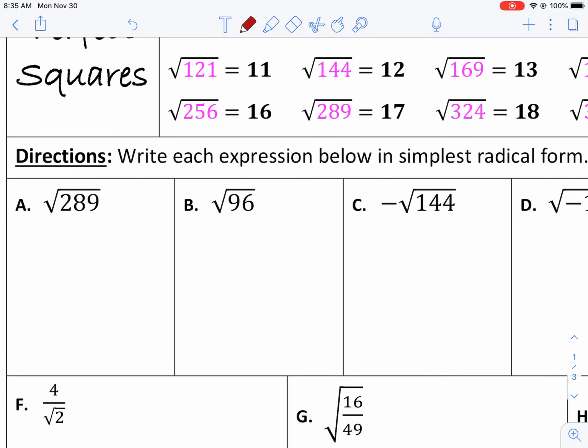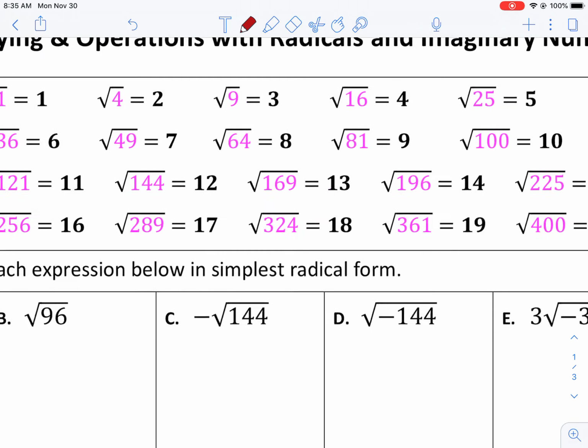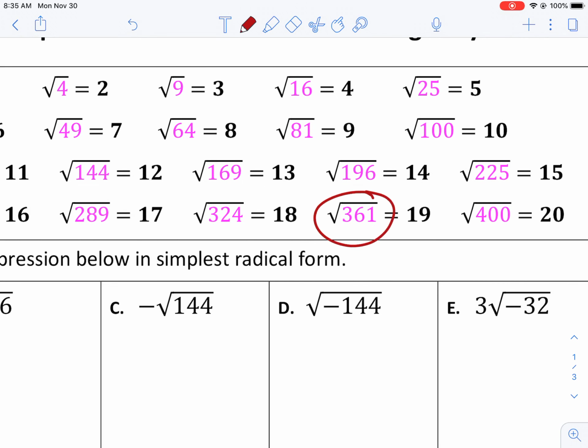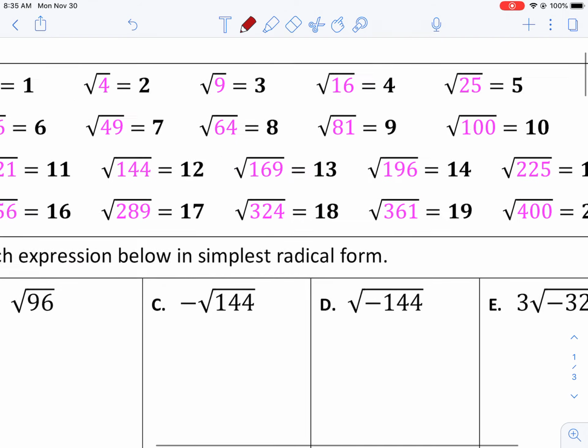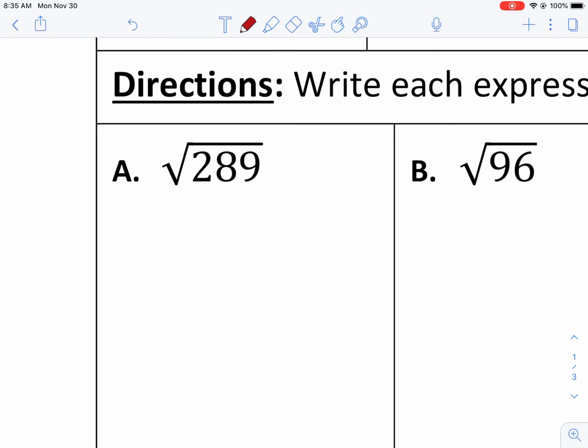When we had our quiz on this a couple weeks ago, there was a question where it was square root of 361, I think, and some of you were very confused by that. 361 is a perfect square, just like 289 is a perfect square. The square root of 289 is 17, so you don't even need to simplify this. It's just 17. I mean, that is simplifying it, but you don't need to actually break it up.